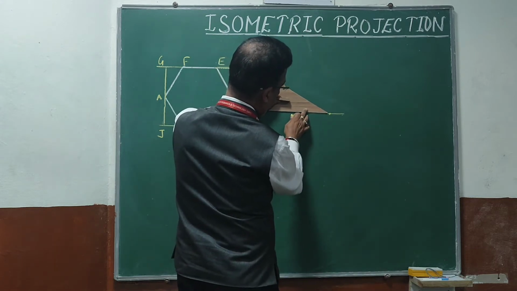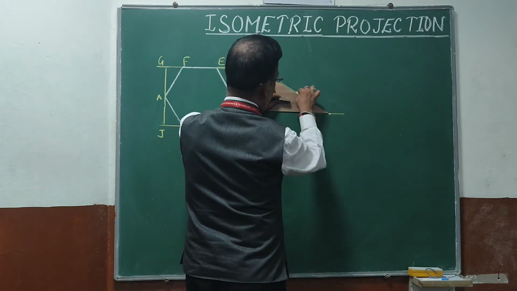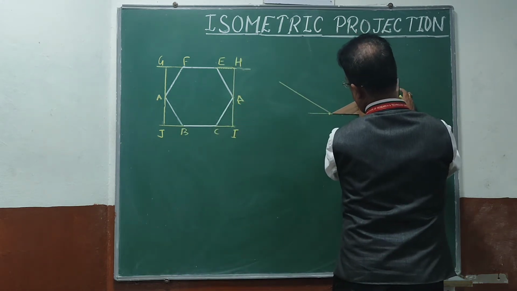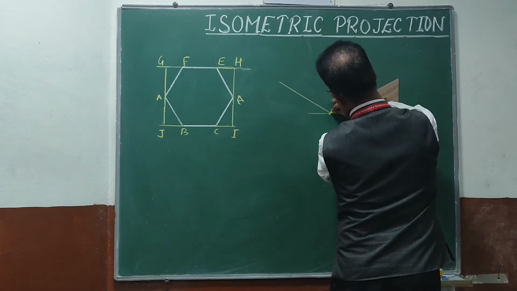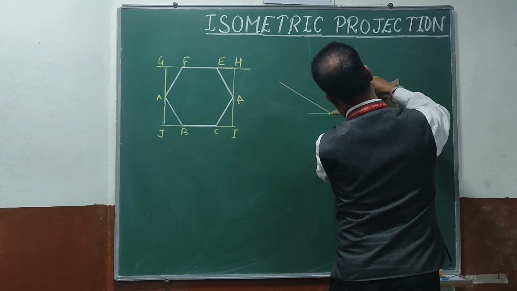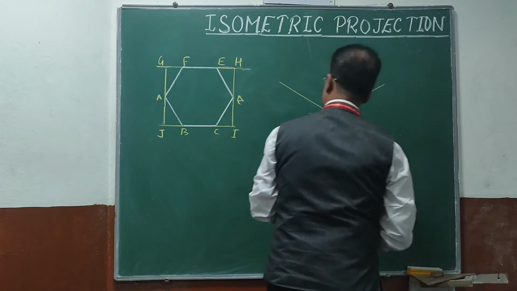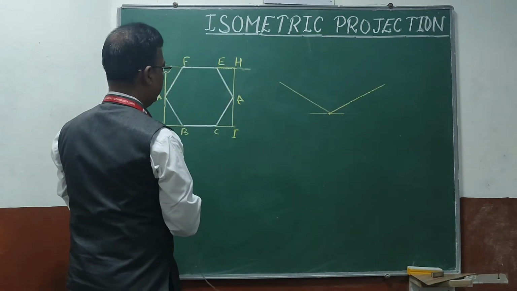With the help of this set square, I will draw two lines at 30 degrees to the horizontal.